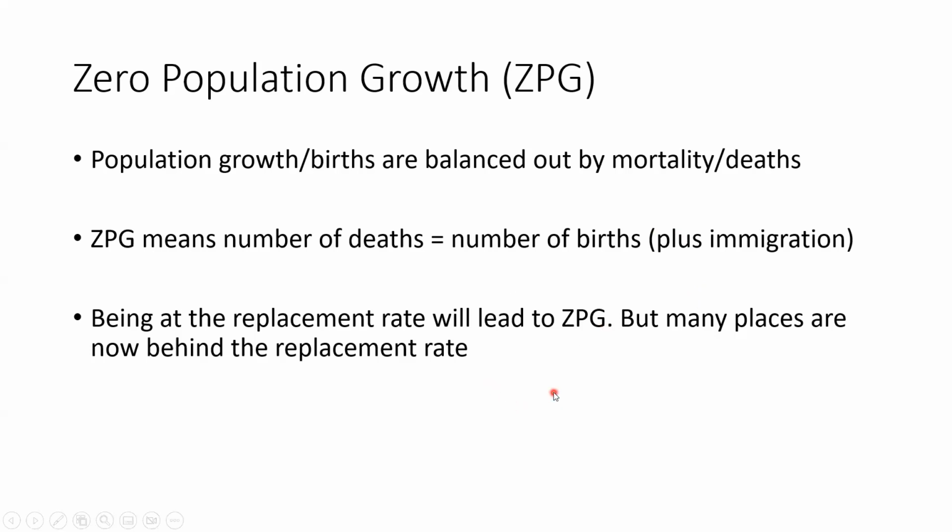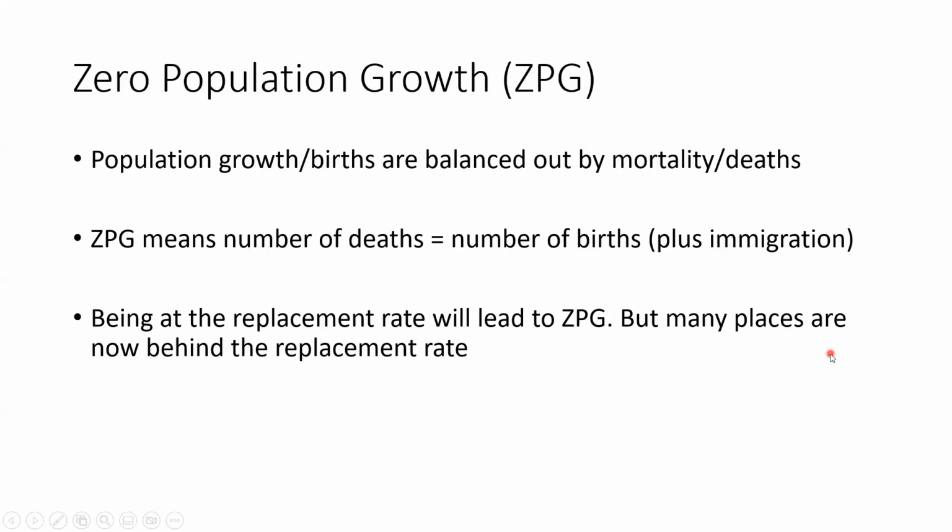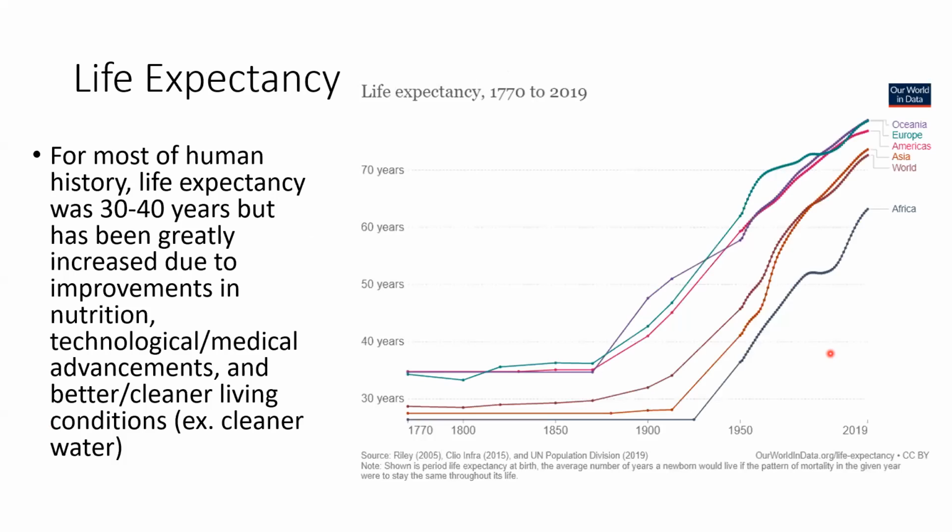But many places now are going to be below zero population growth, because we can see 2.1 considered the replacement rate, where we would actually be at that. And we can see at least a couple areas here are dipping below even 2.0. So we're a little behind the replacement rate in some places, which isn't necessarily bad or good. It's going to be dependent on that situation.